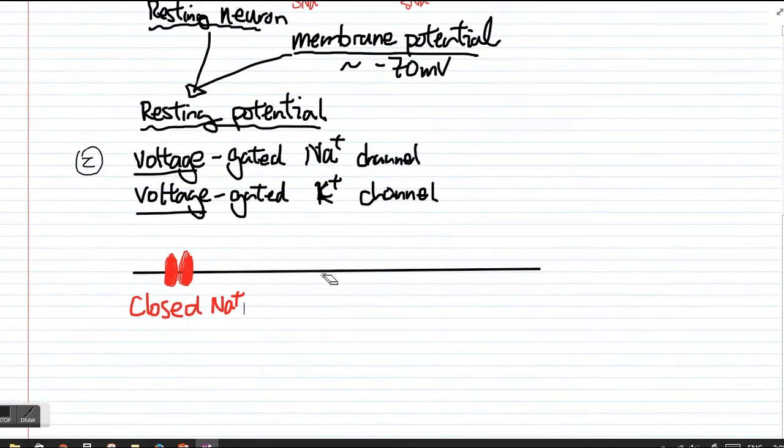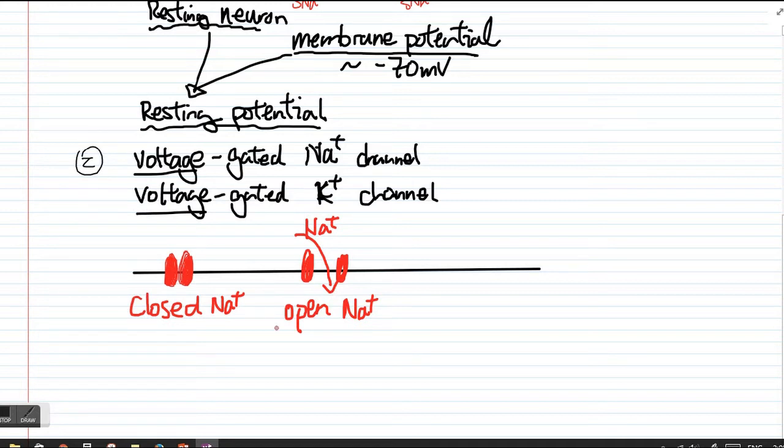When the voltage reaches a particular number, then the channel is going to open, and once the channel opens, it will allow sodium to move across the membrane. Normally, when they are pumped out by the sodium potassium pump, they cannot come back in because charged particles don't cross the cell membrane easily.